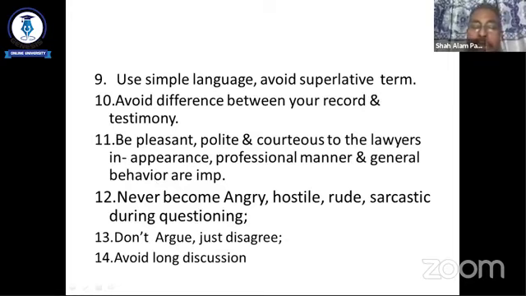Never underestimate the medical knowledge of the lawyers. Never become angry, hostile, rude or sarcastic during questioning. Don't argue, just disagree.